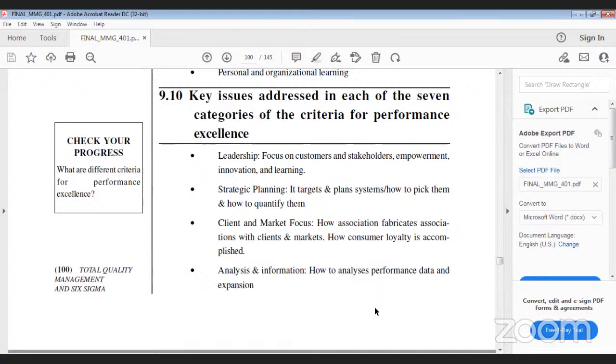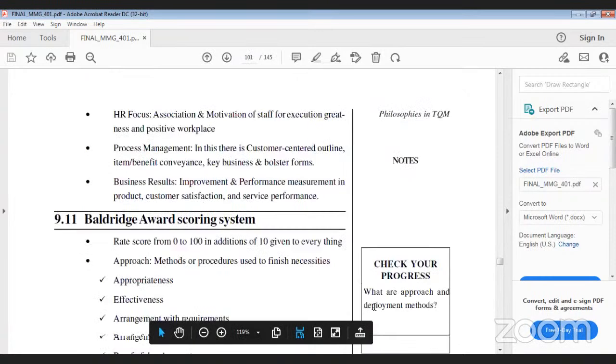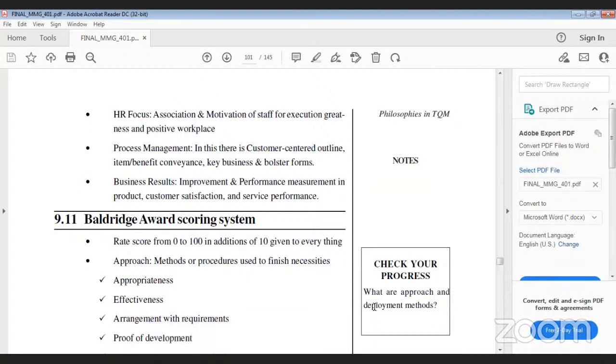Then the next point is analysis of information. How to analyze the performance of the data, expected expansion also. The fifth point is HR focus. Here in the HR focus you will find the association of motivation to job for execution of greatness and a positive workplace also.